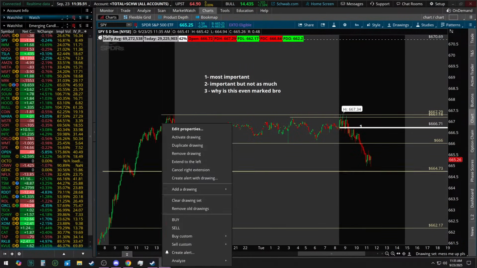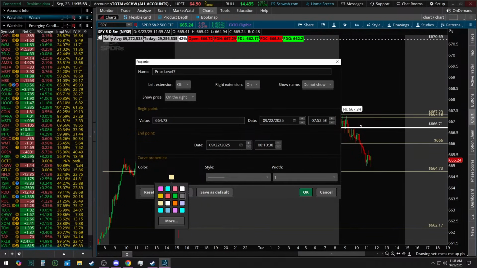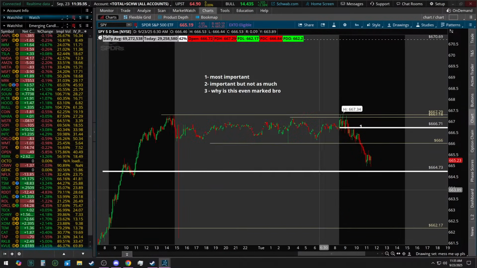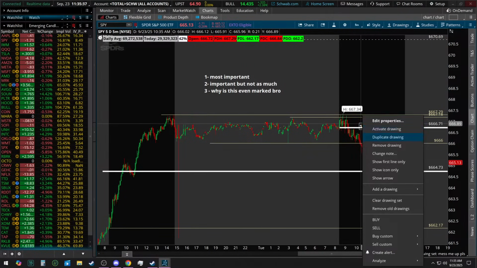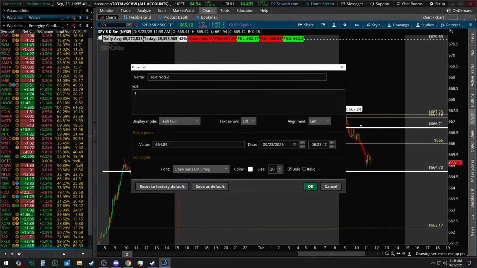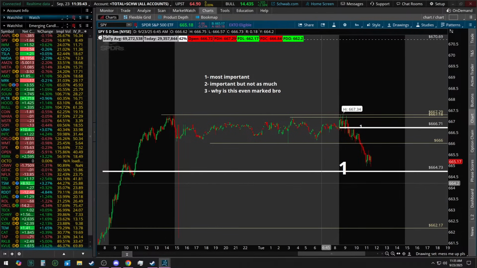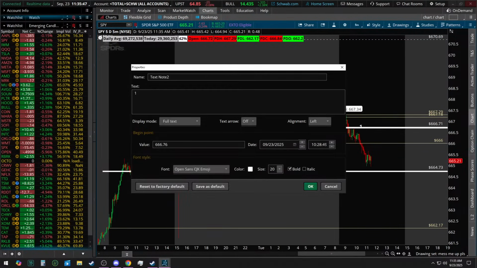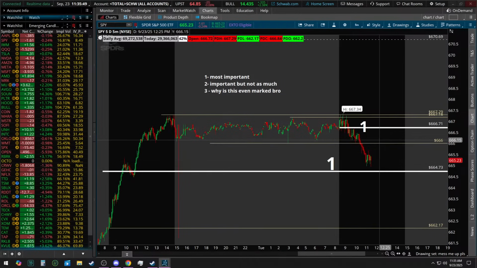Wait, let's actually color that again. 1, and let's duplicate that. I want another 1. Why are these so small? Hell yeah, there we go. There's the big boy numbers.